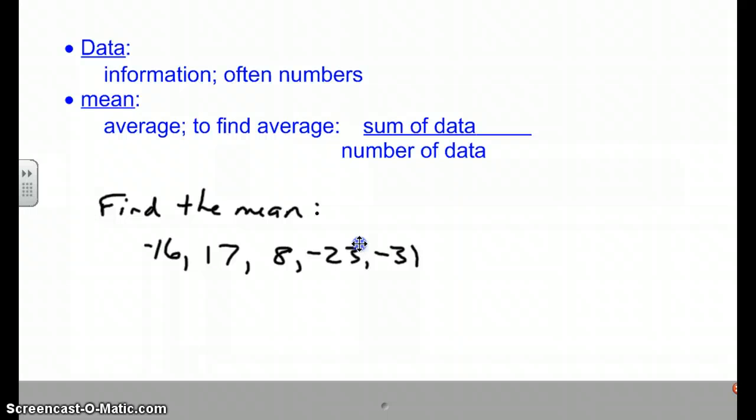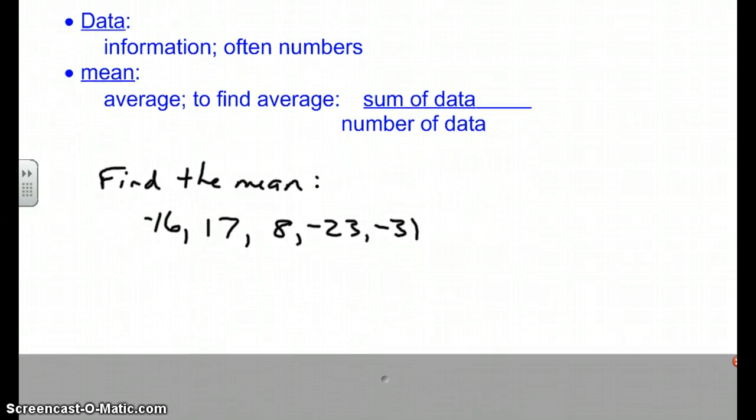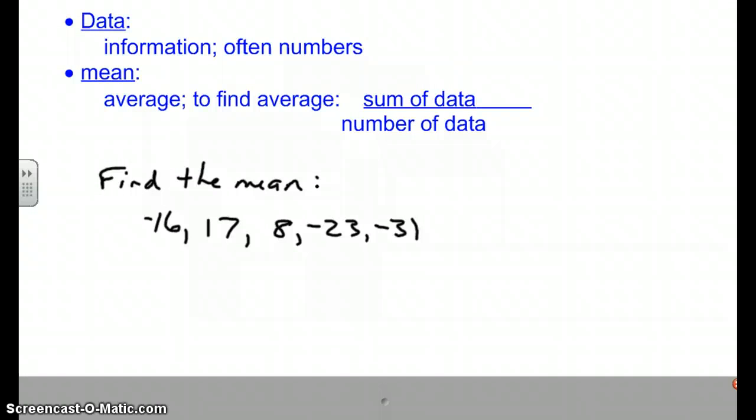I'm going to erase this because it was just the name of the problem. The difference this year in 7th grade is that we're so into integers that we're actually seeing a lot of negatives even in sets of data like this. So we're going to use what you've been practicing, adding positives and negatives, and we still use the same process to find the mean or the average. So do it, find the mean.